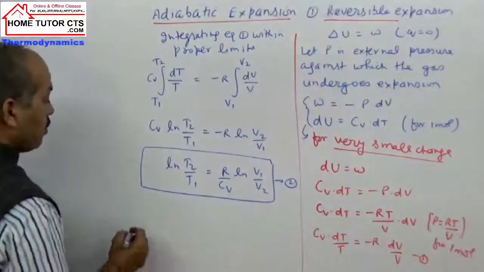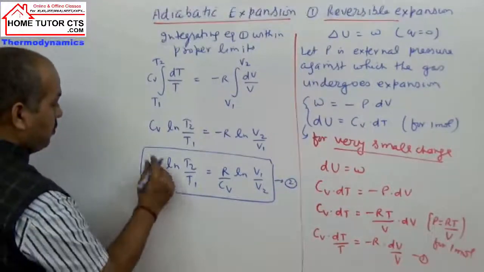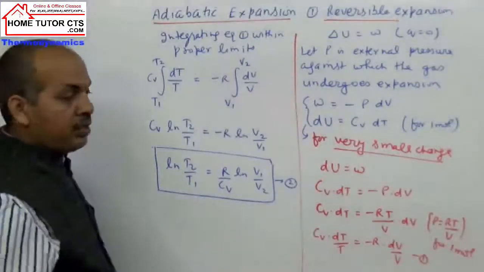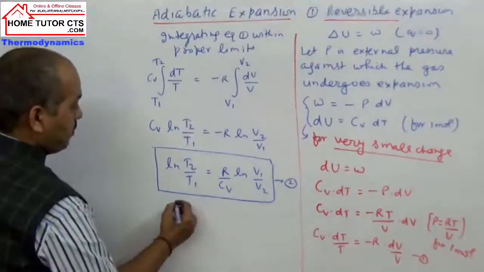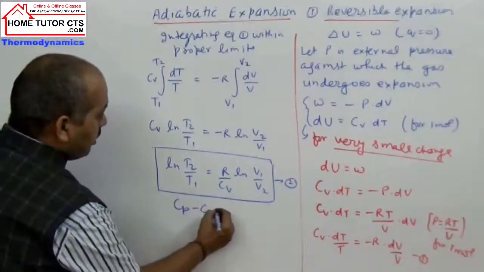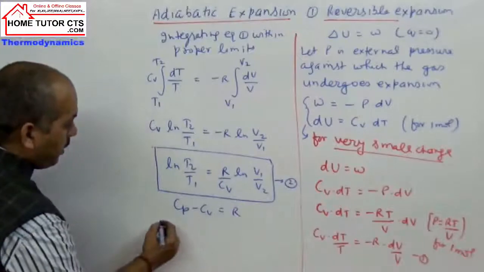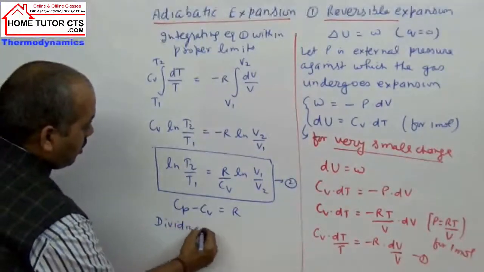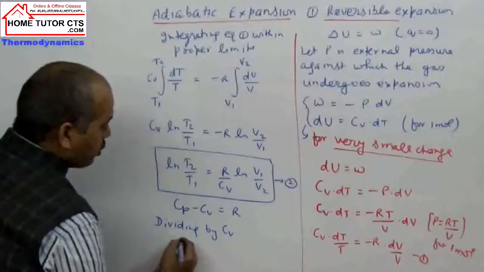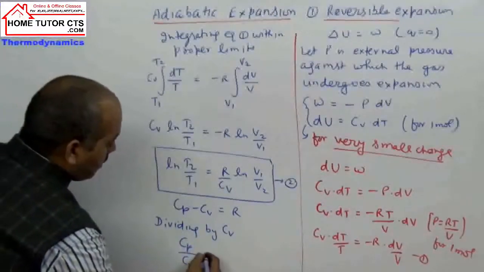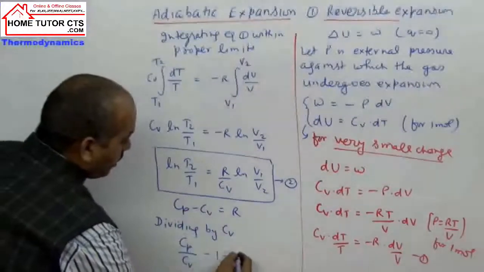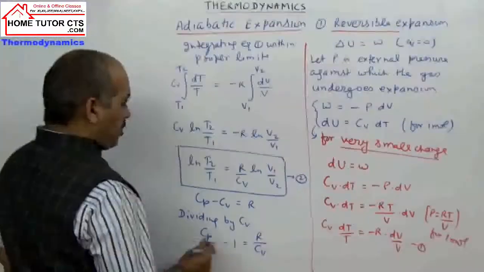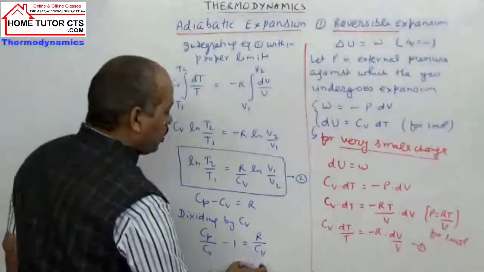Now from the relation of Cp and Cv, what relation do we have? Cp minus Cv is equal to R. Dividing by Cv throughout the expression, Cp by Cv minus Cv by Cv, which is 1, is equal to R by Cv. So from this expression we can continue from here now.